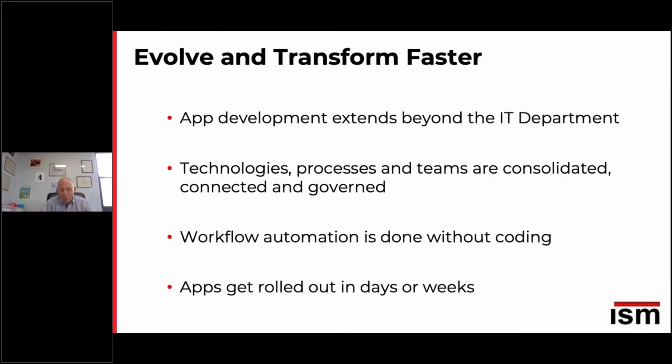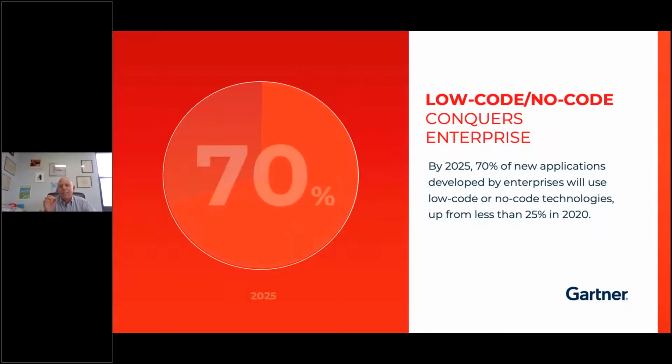And it's so important that, in fact, on the next slide, the Gartner group has said that by 2025, that's 3 years, folks, 70% of all new applications developed by enterprises will be using low code or no code technologies, up from less than 25% just 2 years ago. So this is taking the market by storm.